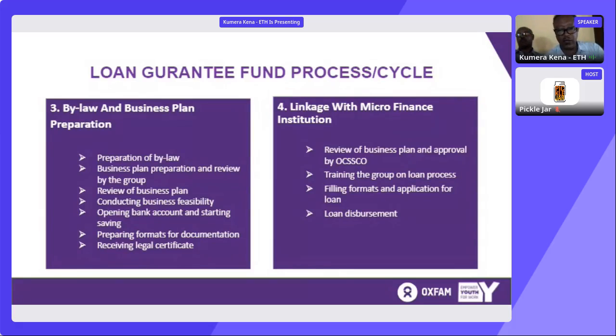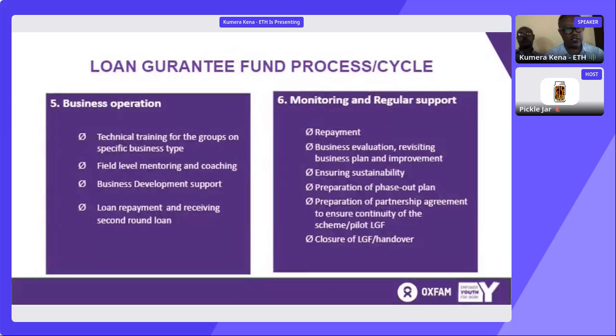Then the next one is filling in the format and application for the loan. There are loan formats prepared by the microfinance institutions, and they have to be filled. And the next one is loan disbursement.